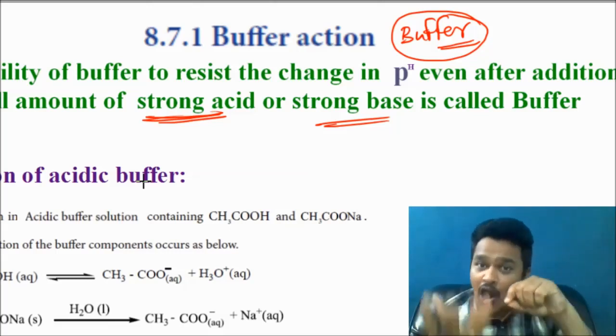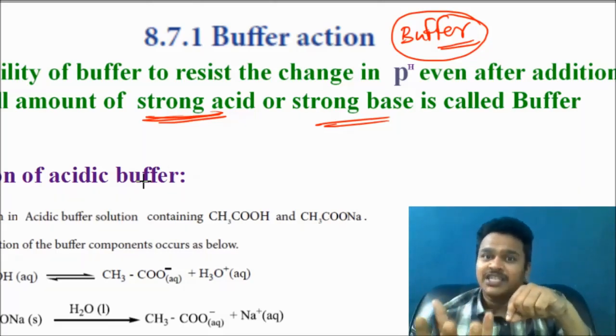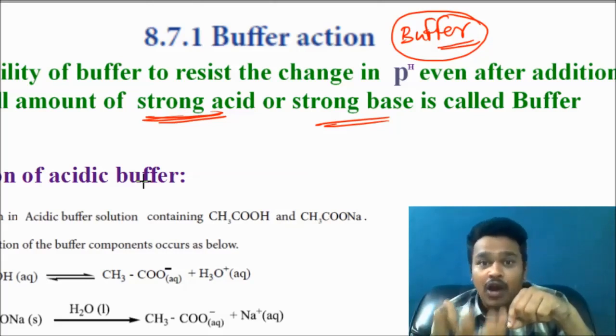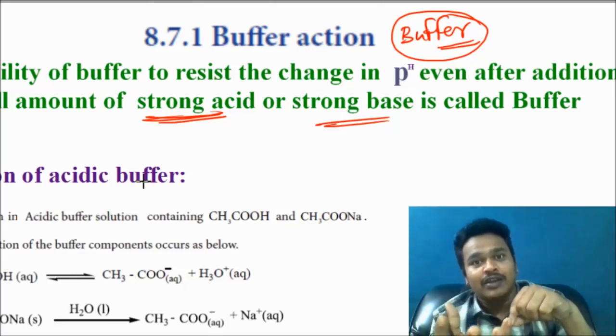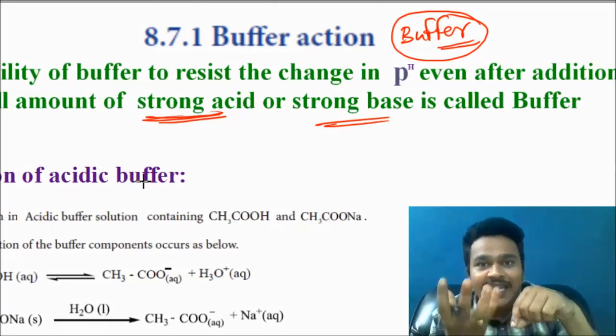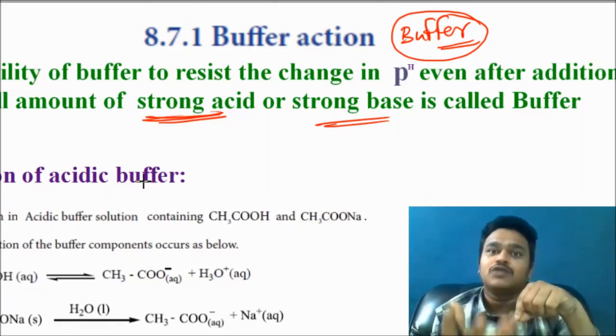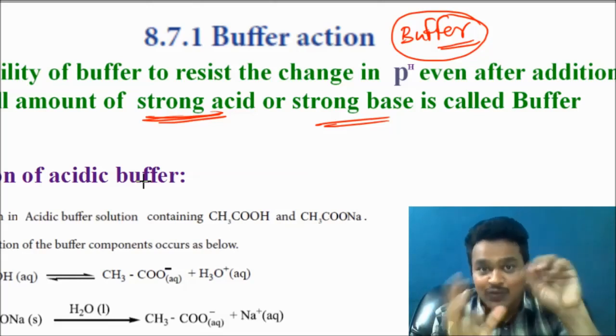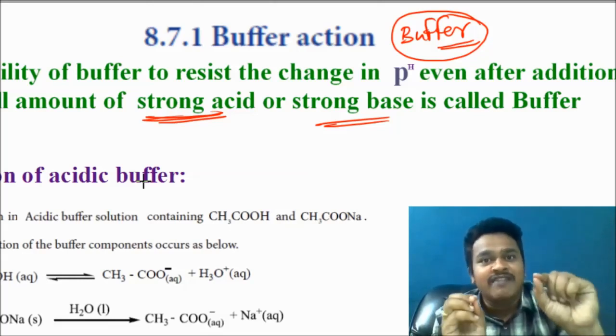How this buffer is resisting the pH, how it is acting without changing the pH, how it is maintaining the pH constantly even after the addition of a small amount of strong acid or a small amount of strong base. We are going to study through the equations.